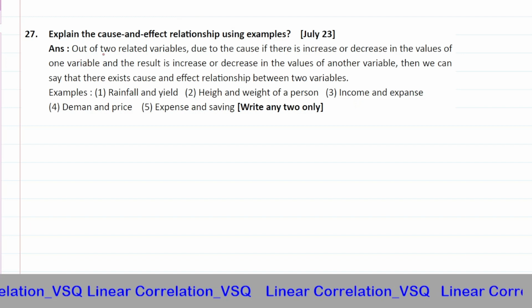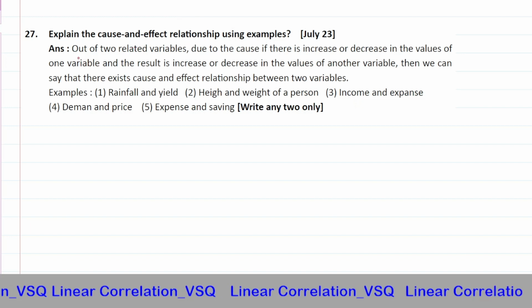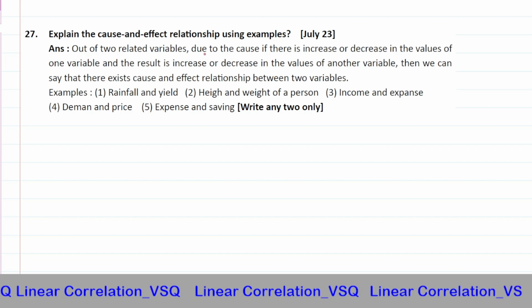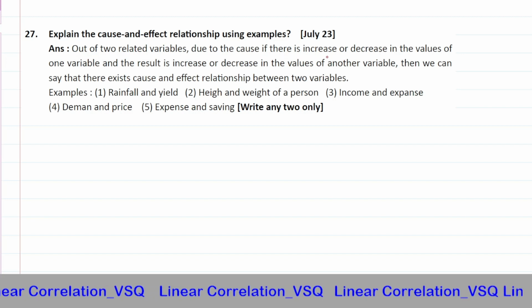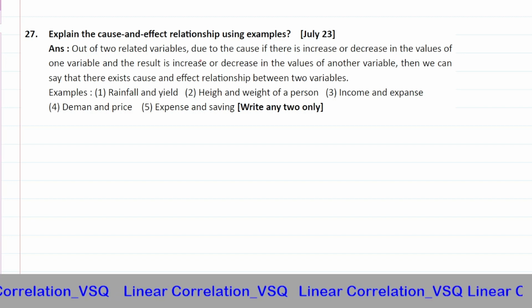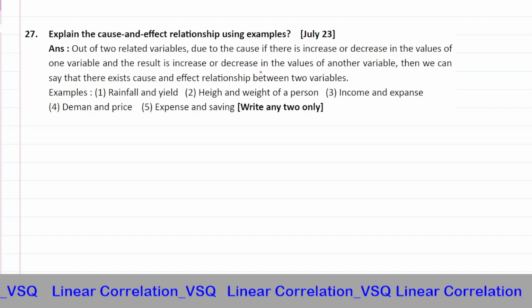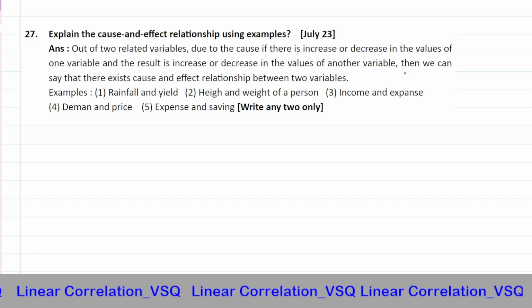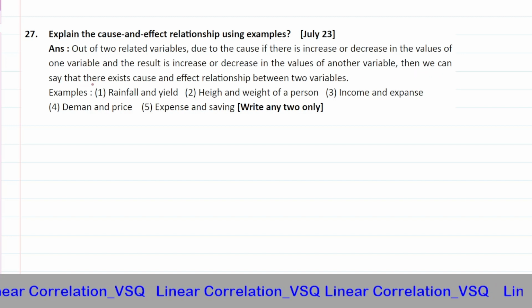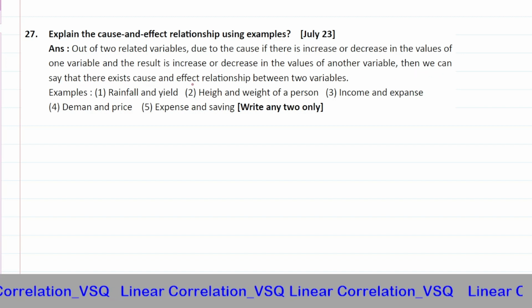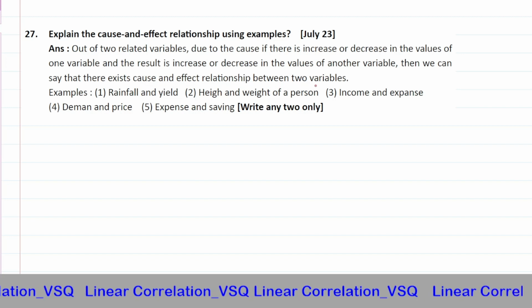First of all, what is a cause and effect relationship? Out of two related variables, due to the cause, if there is an increase or decrease in the value of one variable, and the result is an increase or decrease in the value of another variable, then we can say that a cause and effect relationship exists between the two variables.